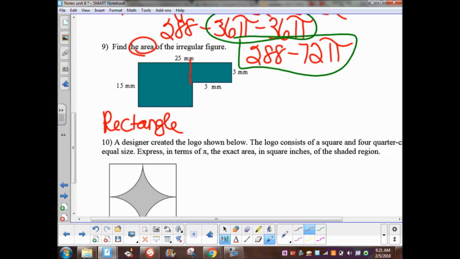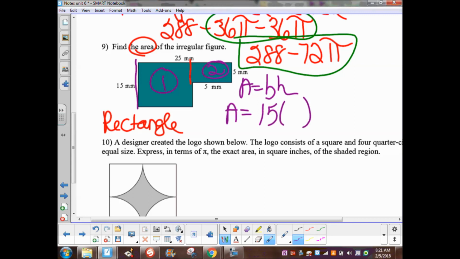So area equals base times height. I'm going to call this one 1 and this one 2. So rectangle 1. What's the base and what's the height? I know the height is 15, but the base is what?